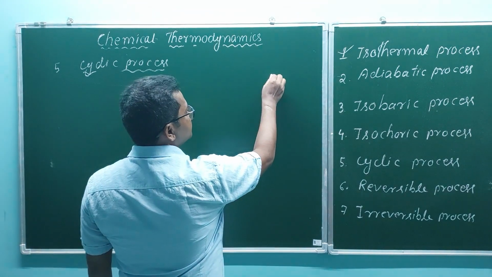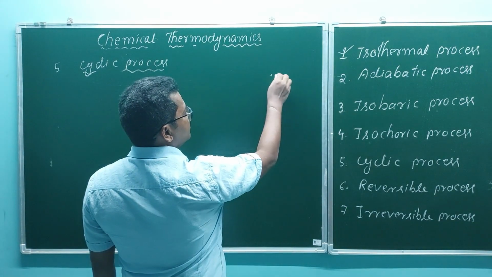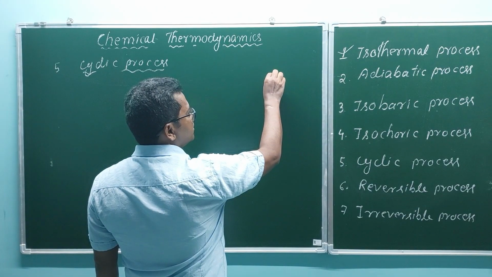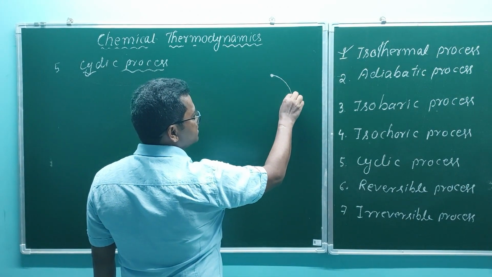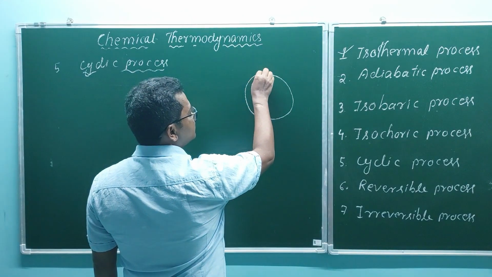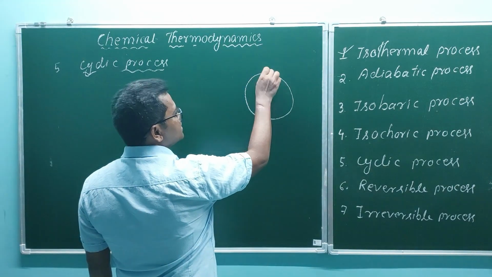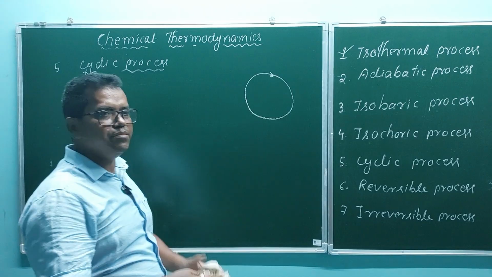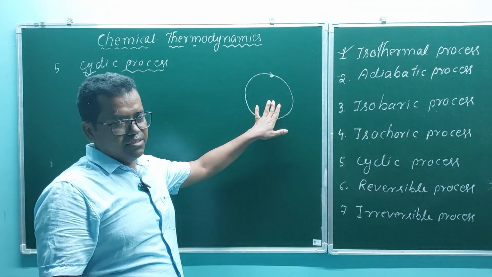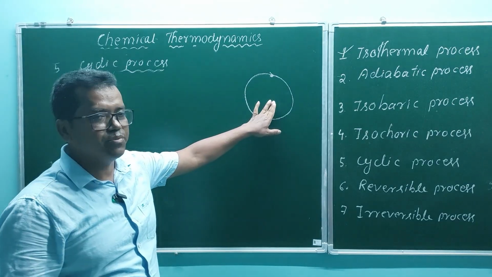Suppose the system starts from here, it is the initial position. After a series of changes, it returned to the initial state. If the system follows this path, that is called a cyclic process.